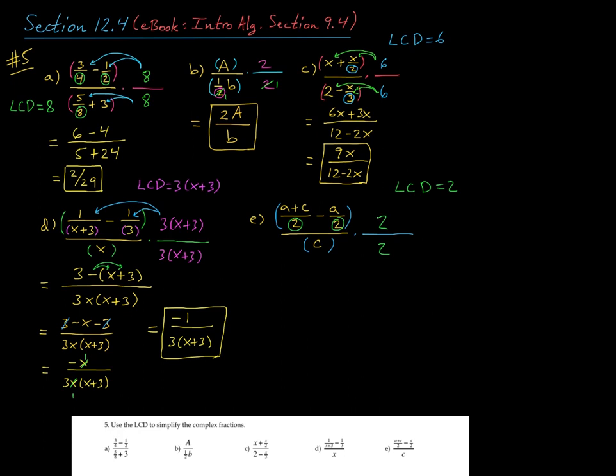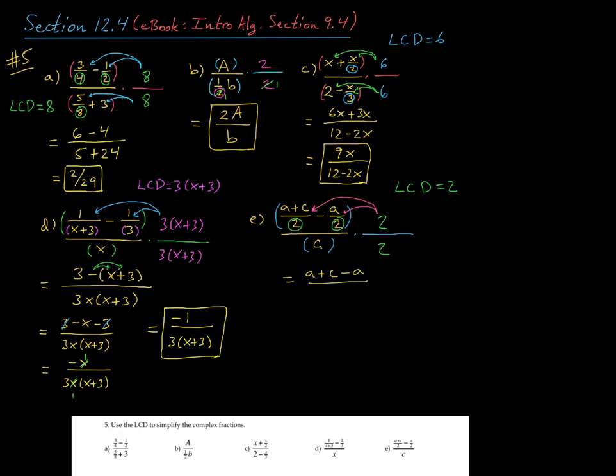And so now, if you distribute, all that's going to happen is you're going to just get rid of the 2's. So the 2 will distribute here, it'll cancel, and you'll be left with a plus c. When you distribute here, the 2's will cancel, and you'll be subtracting then an a.